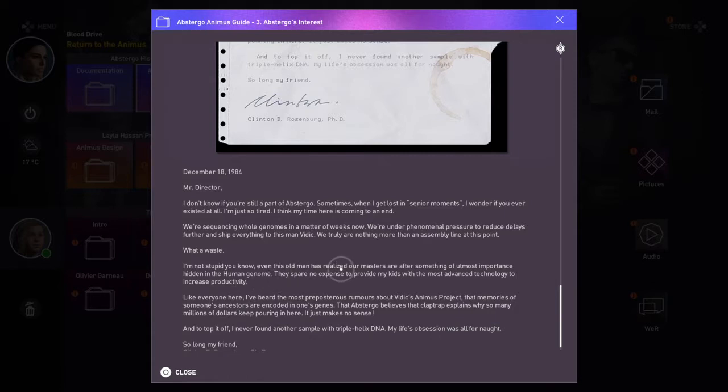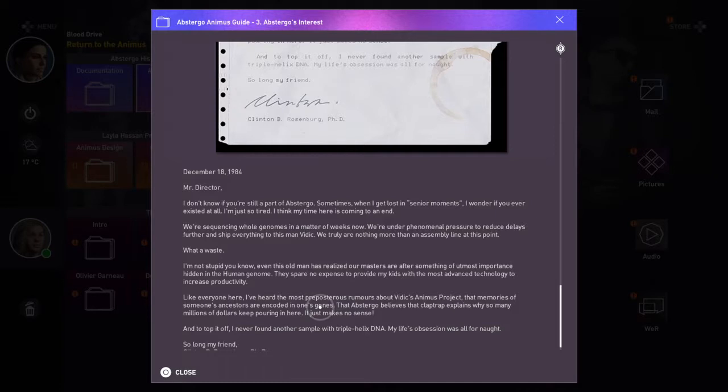Like everyone here, I've heard the most preposterous rumors about Vidic's Animus project, that memories of someone's ancestors are encoded in one's genes. Now notice that. Preposterous rumors about Vidic's Animus project, that memories of someone's ancestors are encoded in one's genes. He finds this as a scientist.